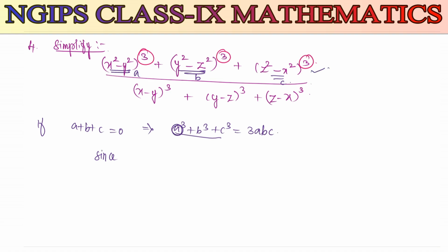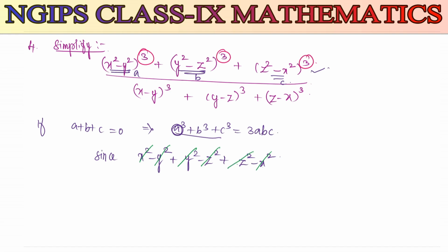For the a value it is x² − y², the b value is y² − z², and the c value is z² − x². Look into these terms: +x² and −x² get cancelled, +y² and −y² cancel, and −z² and +z² cancel.